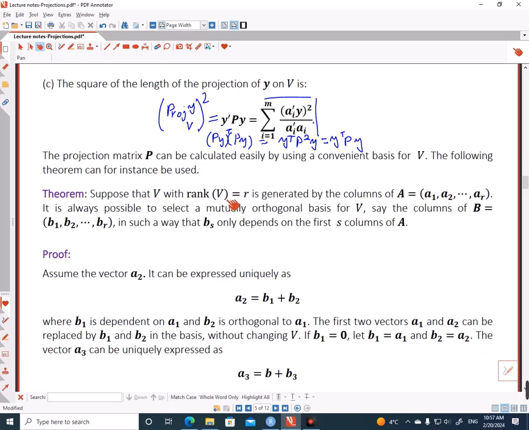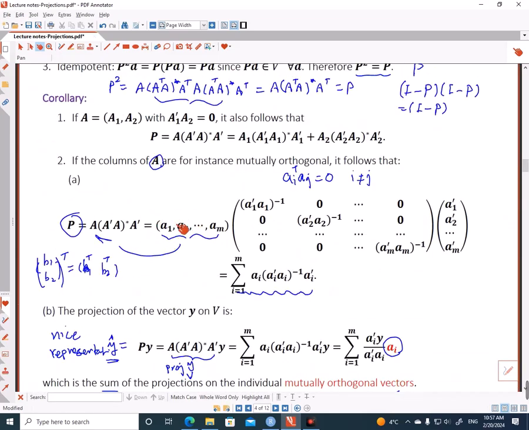Suppose that V is of rank r and it is generated by the columns of A. It is always possible to select a mutually orthogonal basis of V, say the columns of B, in such a way that B_s only depends on the first s columns of A. It means if you have A and construct a space on the columns of A, you can always find another matrix B whose columns are orthogonal to each other, which fulfills the condition for this representation.